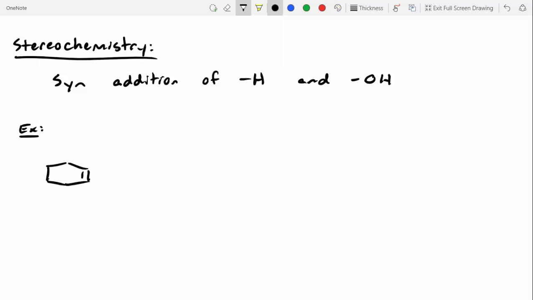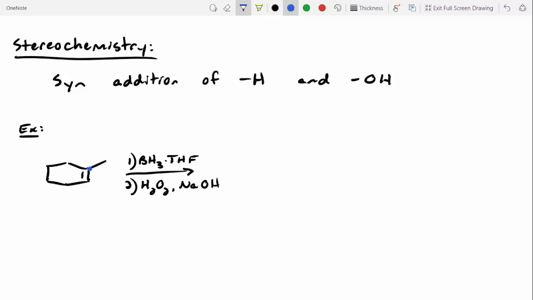Let's say we've got this alkene, so it's a cyclohexene, and I'm going to react this with our borane THF complex. And I'm going to follow this up with hydrogen peroxide and sodium hydroxide.